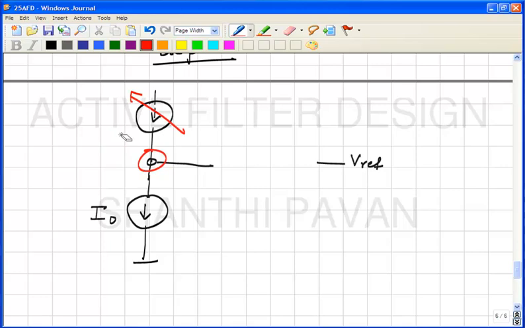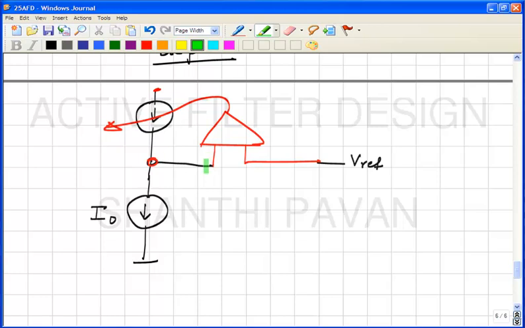In other words, I must look at this difference and control this current source in such a manner that this voltage remains constant. Please note now that the only constant that this potential can be is Vref.